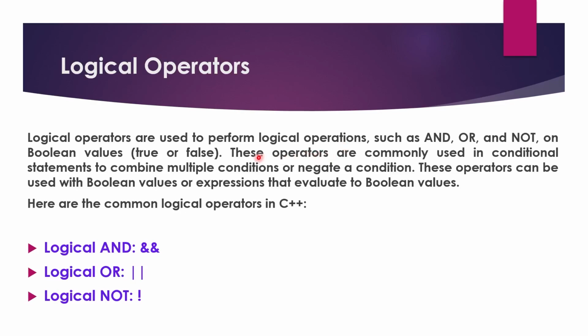As you can see here, these operators are commonly used in conditional statements to combine multiple conditions or negate a condition. That means there are three logical operators in C++. The first one is the logical AND, the second one is the logical OR, and the third one is the logical NOT operator.